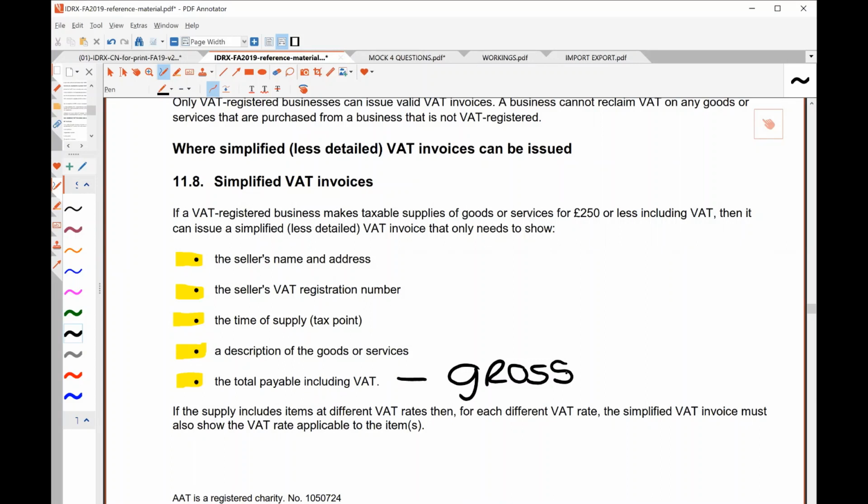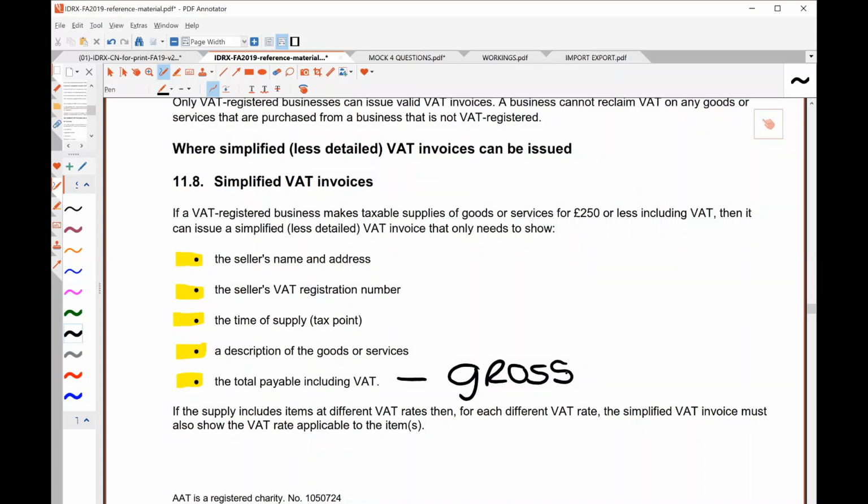If something was exempt, it would probably have to show us, but I'm going to go with that. It's not a type of VAT rate because it's exempt from VAT, but it's under the scope of what we talk about in indirect tax. So you've got your zero rated, your standard rate, which is 20%, and your reduced rate, which is 5%.